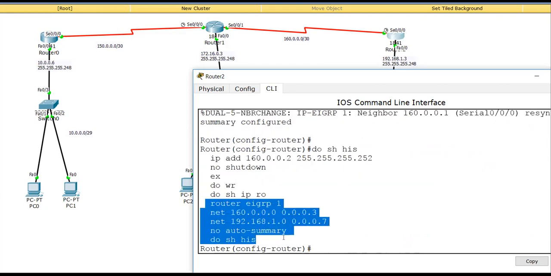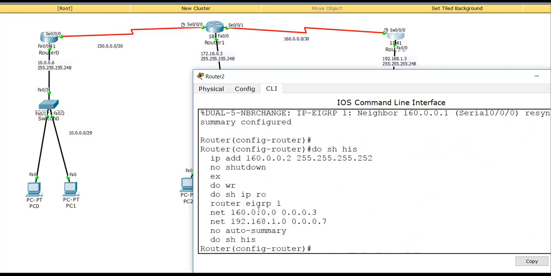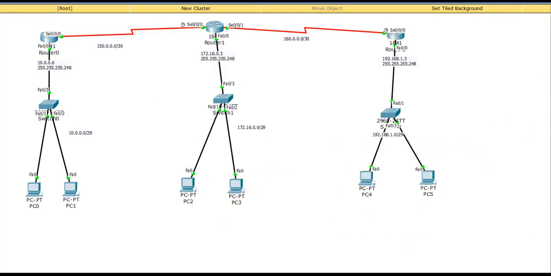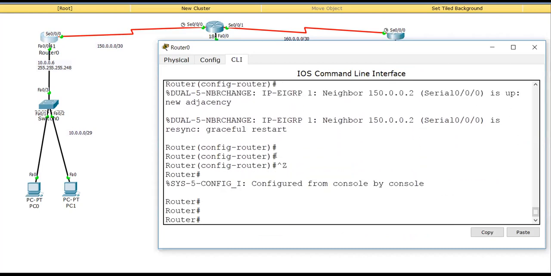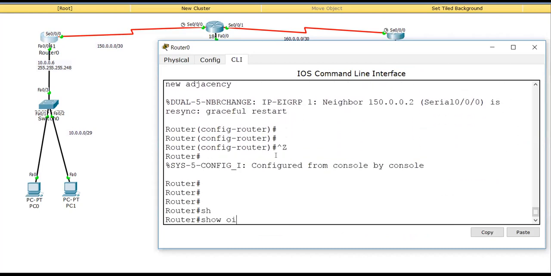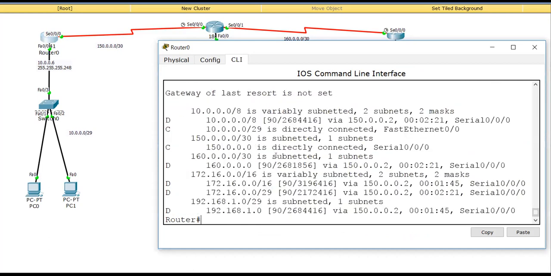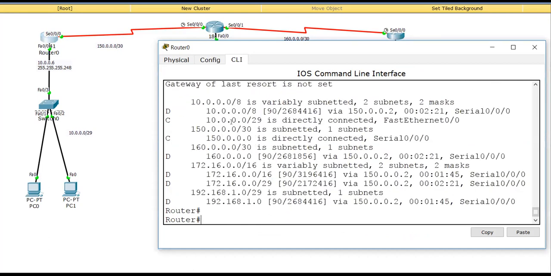Now on all routers, I have configured EIGRP. Same as in the last video where we configured RIP, we have configured EIGRP. Now, if you check do show ip route or show ip route again on my router, you will get networks like this. Okay. This one.